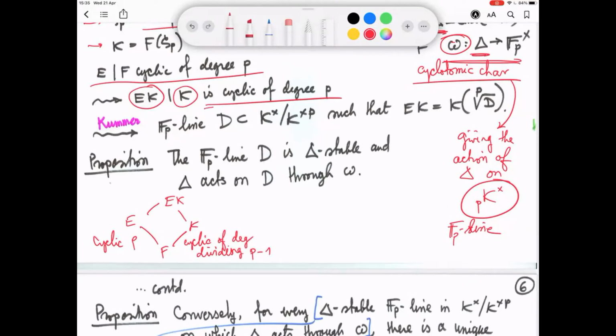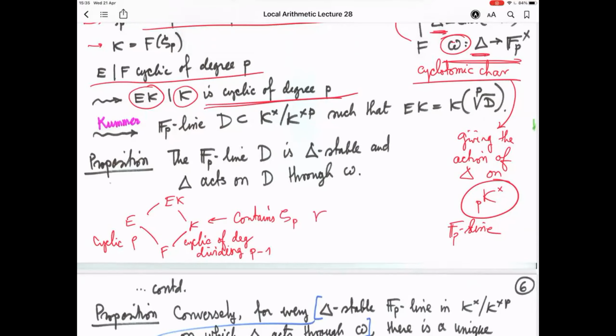So I get a cyclic extension of degree p of K, but K contains a primitive pth root of unity, right? Because of course K has been defined as F(zeta_p). And this is cyclic of degree p.